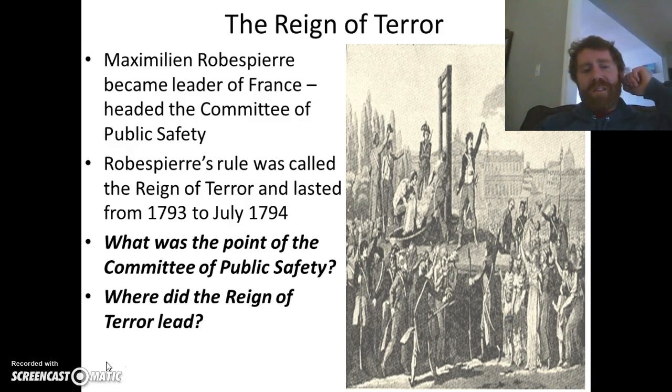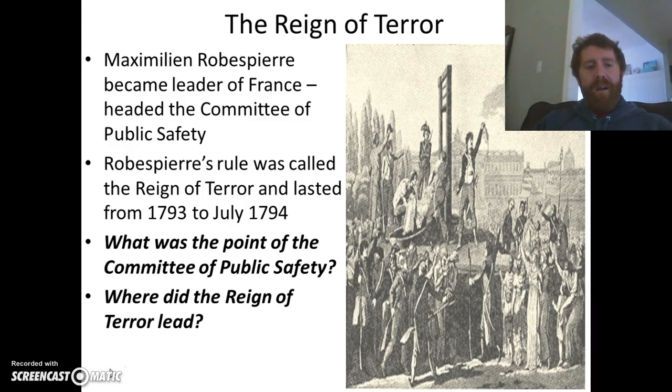In doing so, we start to see the French Revolution enter its most violent and radical phase, which will be known as the Reign of Terror, led by a man named Maximilien Robespierre, who becomes leader of France, also heading what is known as the Committee of Public Safety.